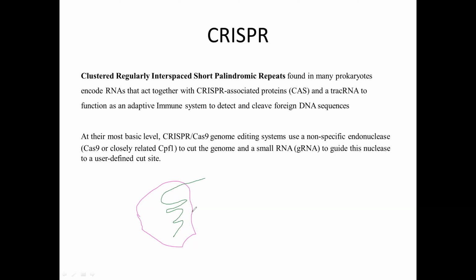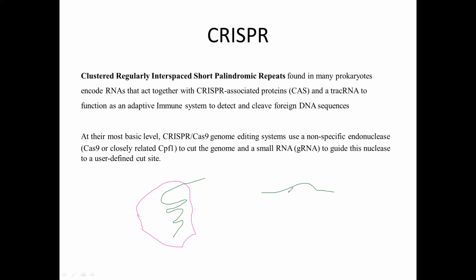If you see how this guide RNA is formed, the guide RNA itself is actually made up of two elements. This guide RNA will contain two regions: one is the CRISPR RNA, and the other is the transactivating CRISPR RNA.